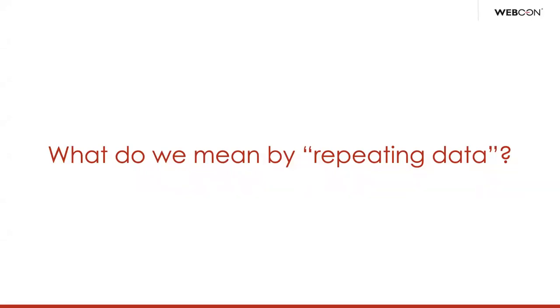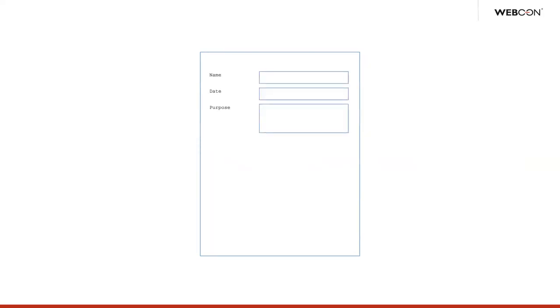And what we mean by repeating data is this. Let's say you have a form. And on this form, a good example of this would be an expense report or a purchase order or things like that. I've got information that people are going to fill out about a request. And in fact, really early on, a lot of workflow solutions with forms in them look a lot like this. There may be more fields, but there's only one possible field and one thing to type in for it.